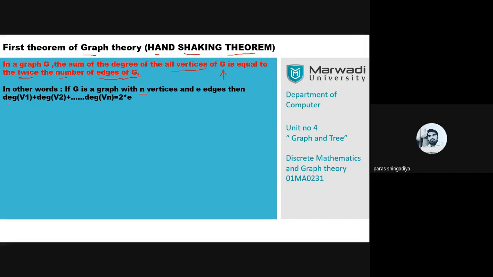It means the sum of the degree of all vertices is equal to twice the number of edges, so you multiply the number of edges E, the count of edges in this graph, by 2. This will always be the same in any graph with any number of vertices and any number of edges.